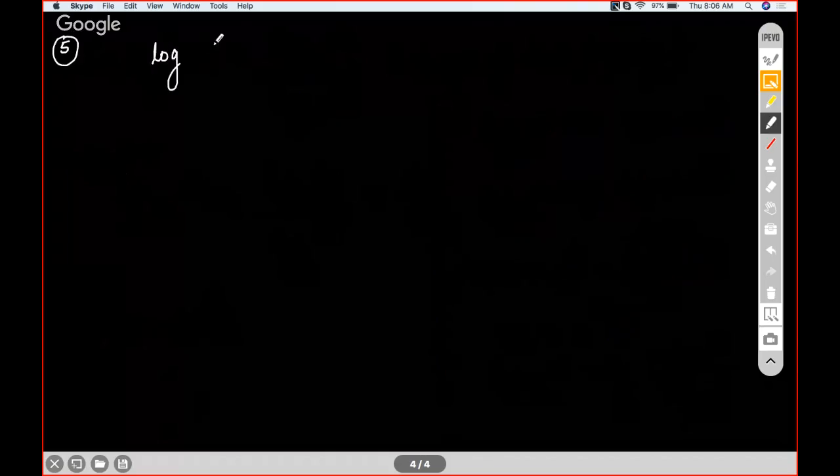Now log m to the base n is the reciprocal of log n to the base m. Can you prove this? Now, how would I find log n to the base m?